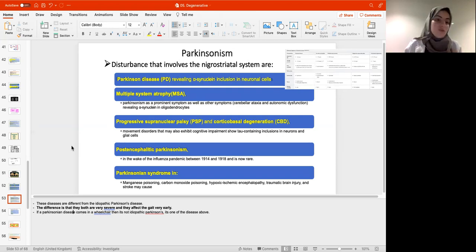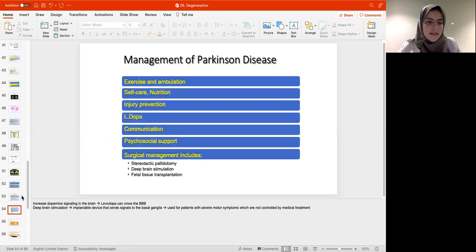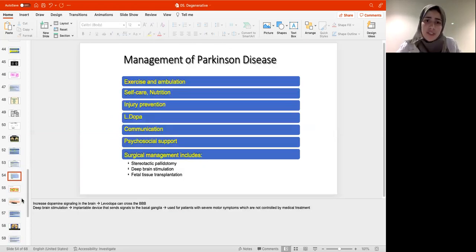So they usually come to you earlier on. But if they come with Parkinsonian symptoms and they're in a wheelchair because of motor deficits and all that, then you know it's not Parkinson's disease. It's another disease that's causing Parkinsonism, okay? I think that's pretty much what you need to know about that.